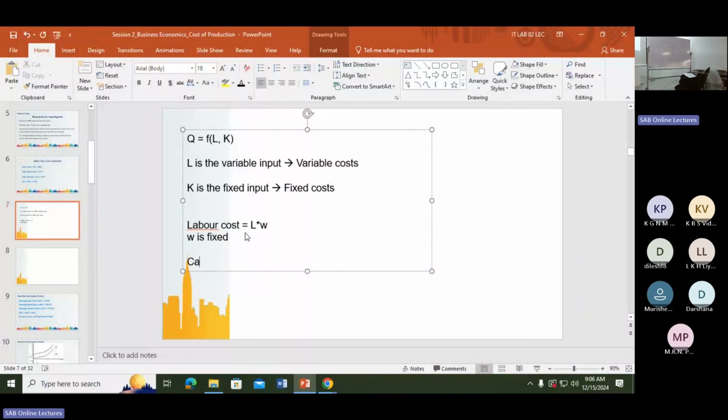When it comes to capital cost, capital cost is the quantity of capital used in the production process multiplied by the rental rate. Here, the rental rate is fixed because we assume that this firm is operating in a perfectly competitive capital market. At the same time, capital is fixed because we are in the short run.